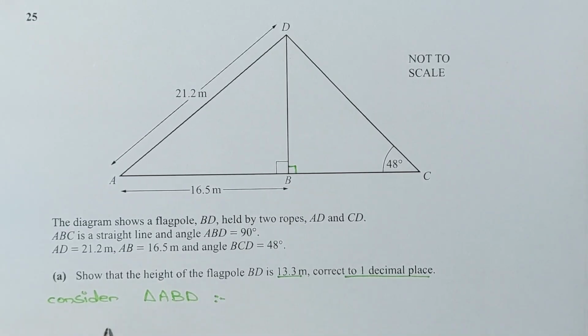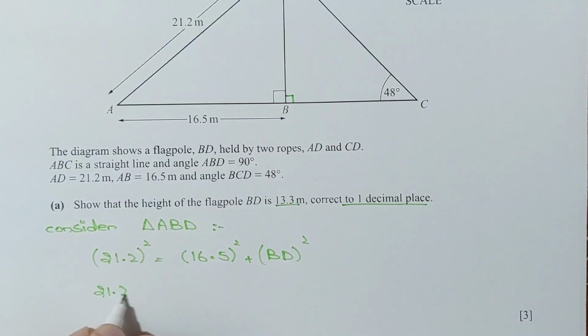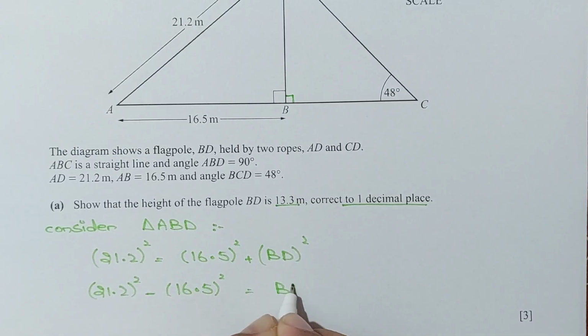Apply the Pythagoras theorem. So the hypotenuse is 21.2, its square equals the base 16.5 its square plus the perpendicular BD its square. Alright. So 21.2 whole square minus 16.5 whole square is BD square. Okay.